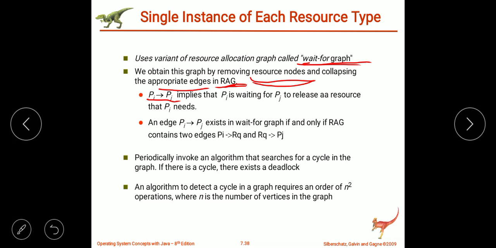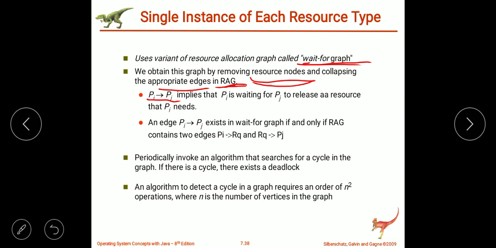In the resource allocation graph the same thing would have been written as Pi arrow some resource, and then that resource being allocated to Pj. That would have implied that Pi is waiting for Pj. But in the wait for graph, we would write Pi arrow Pj. That means Pi is waiting for the resource which is held by Pj.